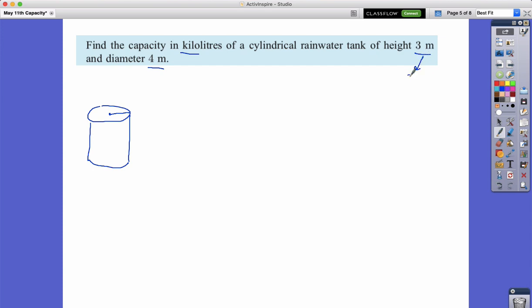So let's write this as centimeters, and this is 400 centimeters diameter. The radius is 200. The height is 300 centimeters. And recall the volume of a cylinder is pi r squared h.